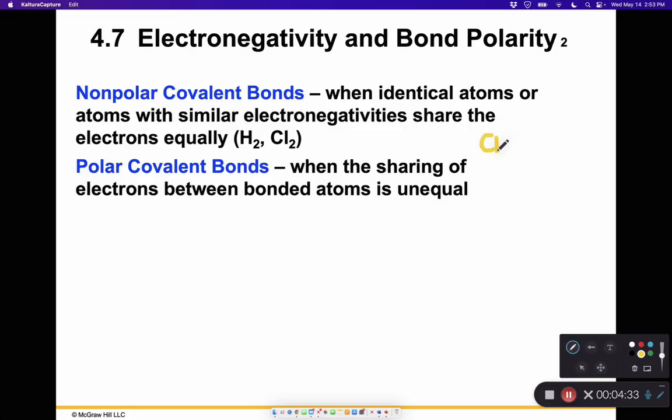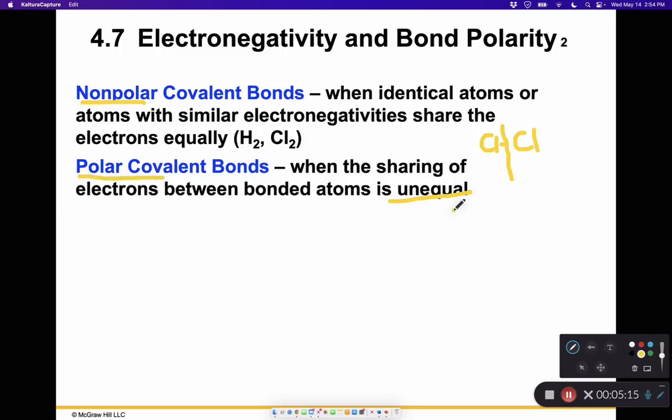If you have a chlorine molecule, both chlorine atoms will share the pair of electrons equally. The electronegativity value of chlorine is 3.5, and 3.5 minus 3.5 is 0. A difference of 0 means it is a nonpolar covalent bond. The bond is equally shared, so we call it nonpolar. When the sharing of electrons between the two bonded atoms is not equal, we call it a polar bond.